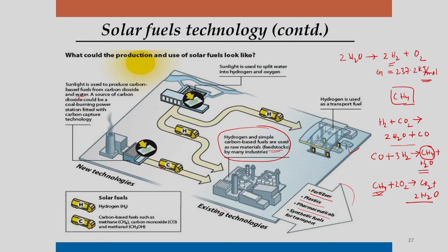So, solar fuels include hydrogen which can be stored, and the second component is carbon based fuel such as methane, or maybe methanol. These two can be stored and applied wherever required for different applications.